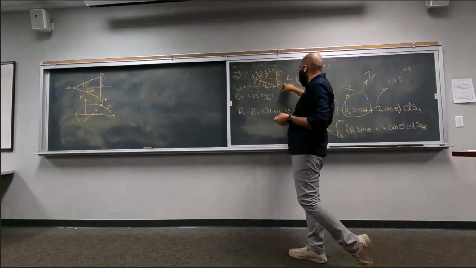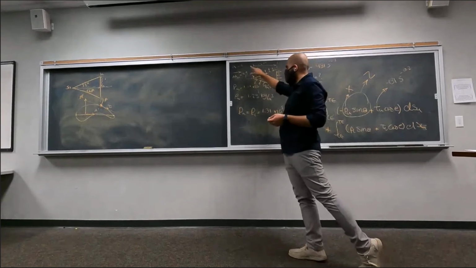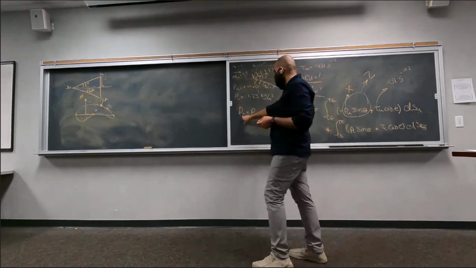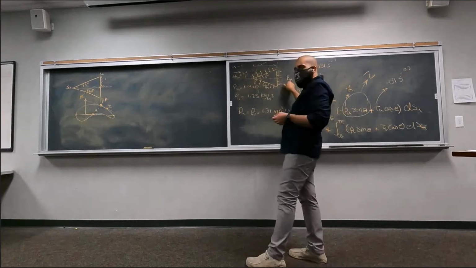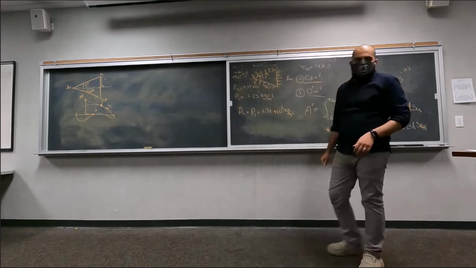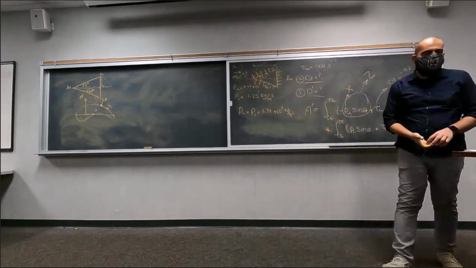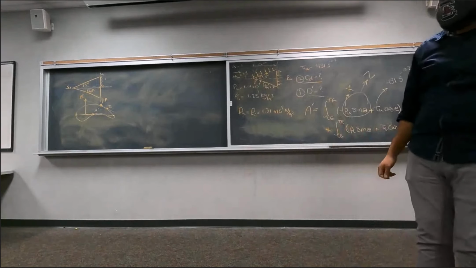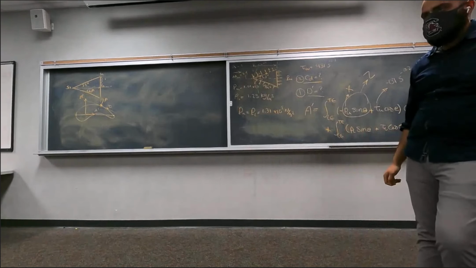Because we said on the base, P is going to be P equals P infinity. This is not PU and PL, right? P is P infinity. But on the upper and lower surfaces, it's different. That's correct. This is in the book.